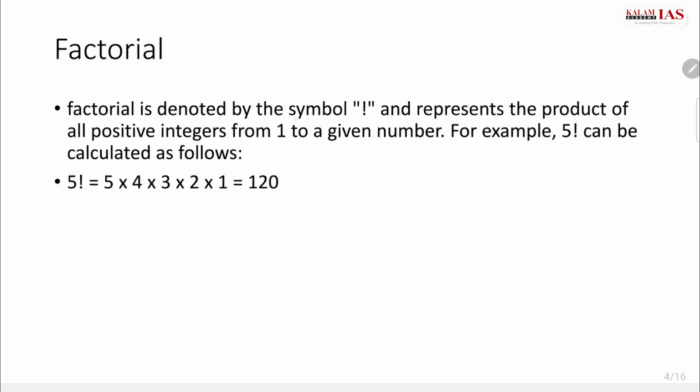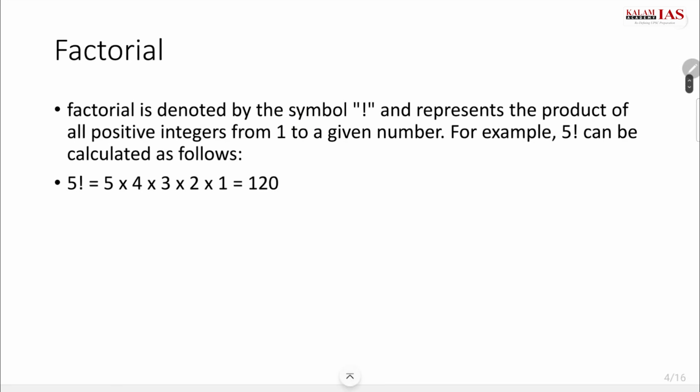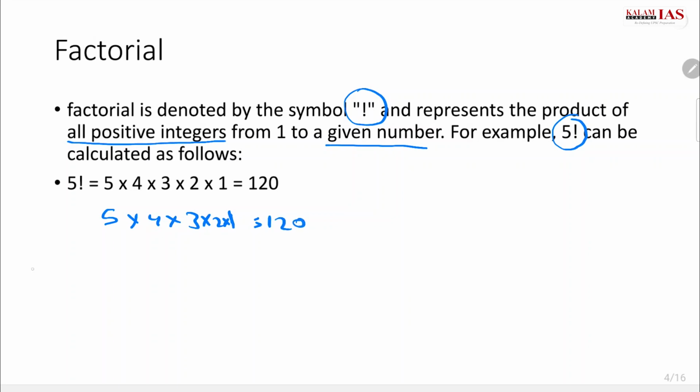Factorial is denoted by the exclamation mark and represents the product of all positive integers from 1 to a given number. For example, to find 5 factorial, we multiply all the numbers from 5 till 1, and that is 120. Suppose we have to find 3 factorial, that will be 3 into 2 into 1, that is 6. Also 0 factorial is 1.